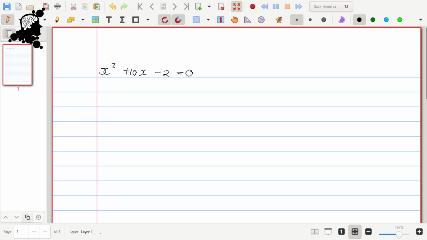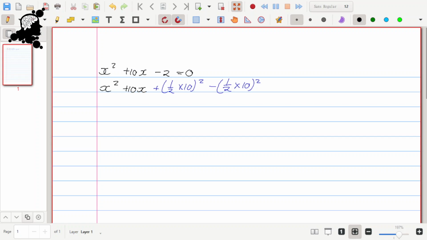So we can see that the coefficient of x squared is 1. So what we can do now is we can say, okay, let's take x squared plus 10x. And then what we do, if you can remember from completing the square, is we have to add half the coefficient of x, squared. We also need to subtract half the coefficient of x, squared.